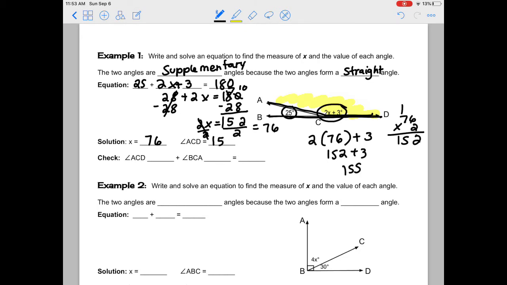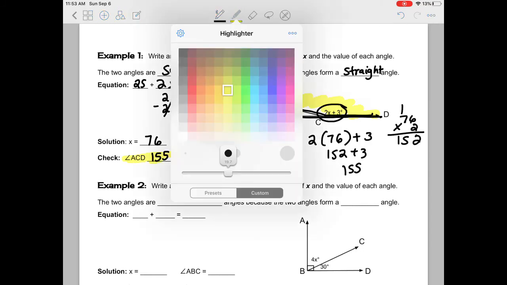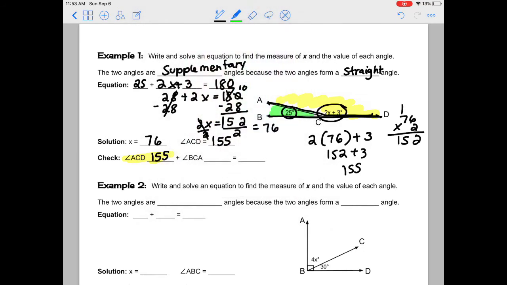So angle ACD, or 2x plus 3, is 155. Let's check. Angle ACD is 155, plus BCA, the other portion, which we said was 25. This gives me a total of 180 degrees, so we are correct.